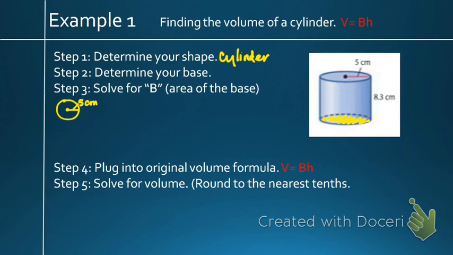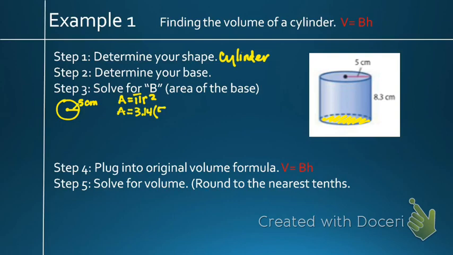centimeters. Okay, so finding the area of a circle, we have A equals pi r squared. So we're going to plug in 3.14.